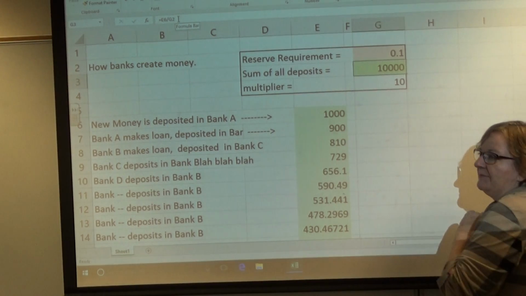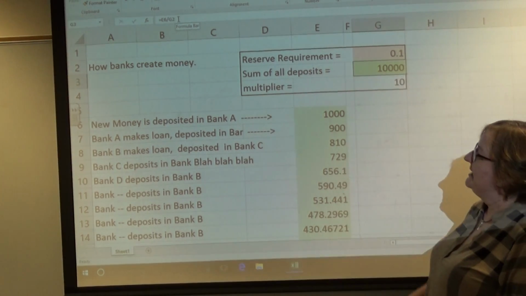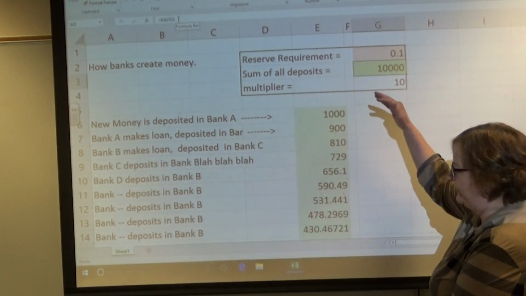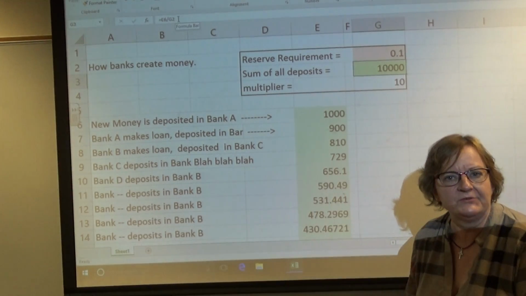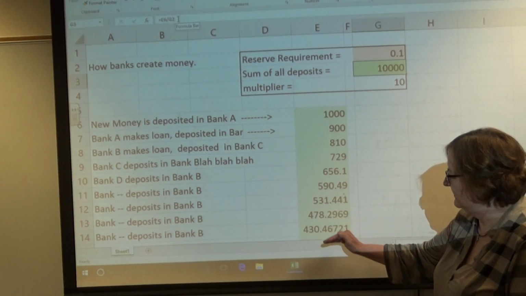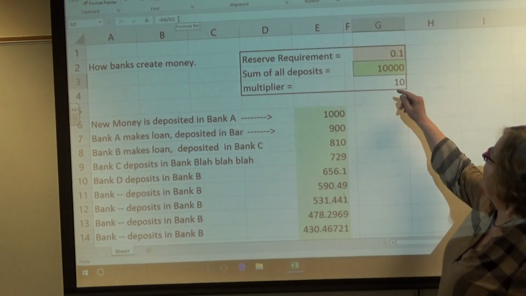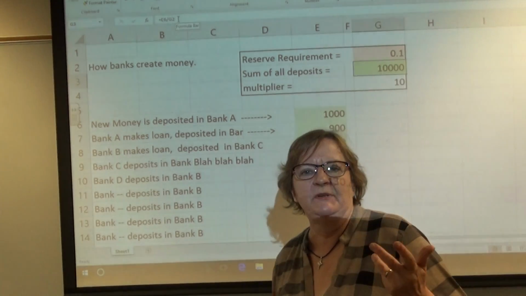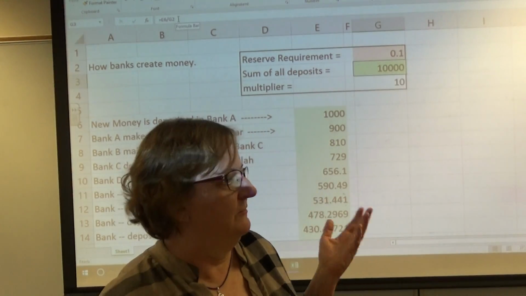So 1,000 divided by 0.1 gives you 10,000. And if I were to sum all these up, because I've done it before, but if I were to take the sum of the entire column of hundreds of lines of different amounts of loans, we would end up with $10,000, or we come out real close because you get to a point where they can't make a loan.